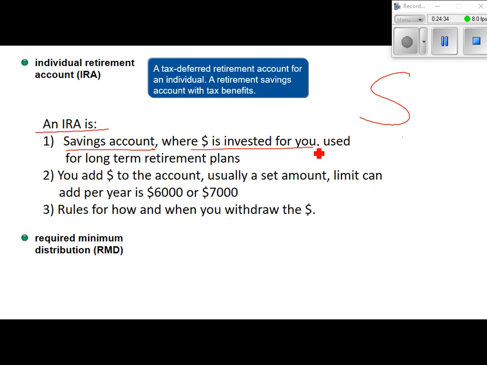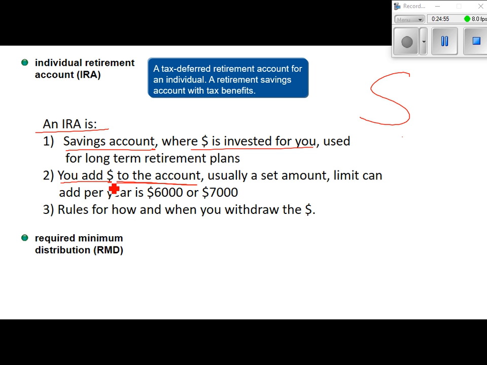So you're putting money into this account, and then some investment company or whatever is investing it for you. It's used for long-term retirement plans. So you're thinking about this is going to be money that you're going to have when you retire.